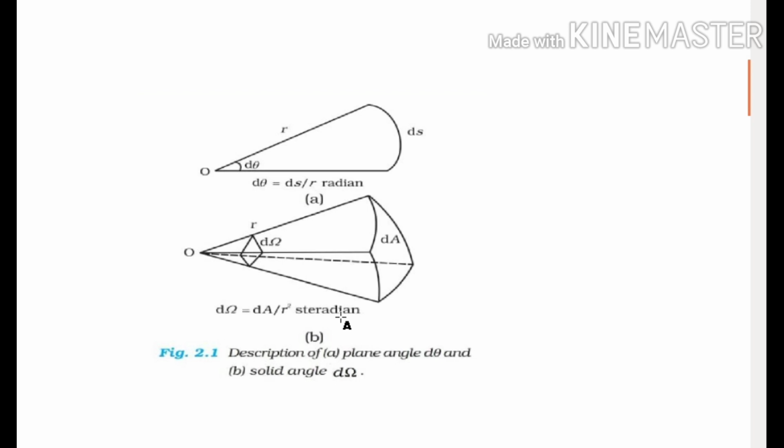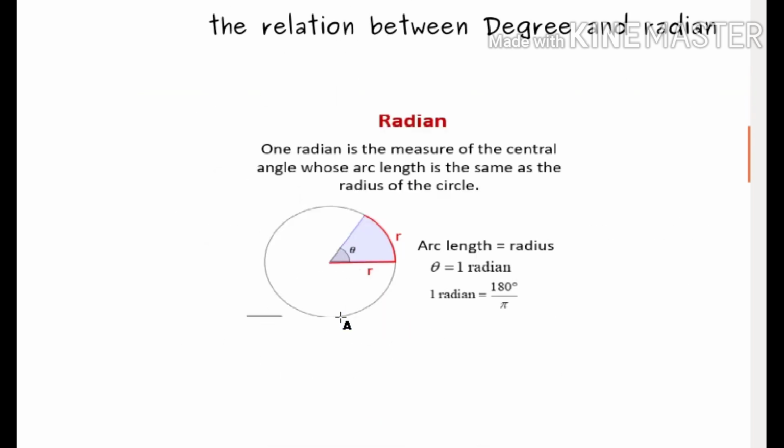Okay, so there is a close relation between degree and radian. So let us see how they are related. When we define radian, 1 radian is the measure of the central angle whose arc length is the same as the radius of the circle.